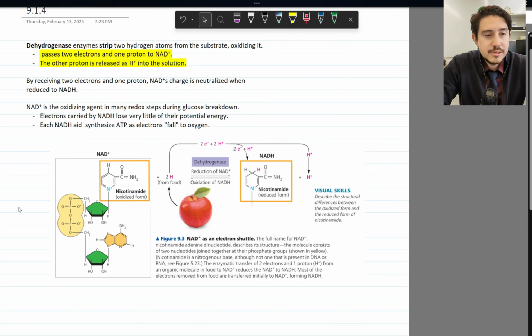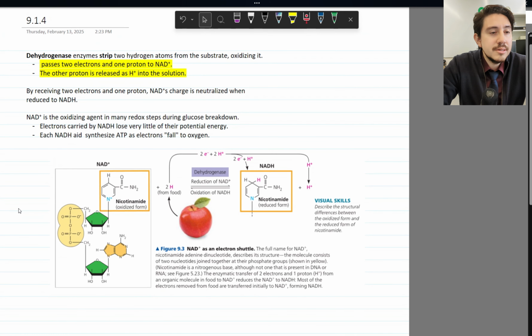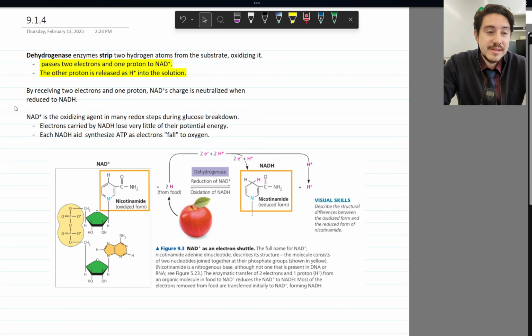All right, so just to zoom in a little bit here. There's going to be several enzymes that you need to study. Dehydrogenases, okay, are critical enzymes to memorize the name.